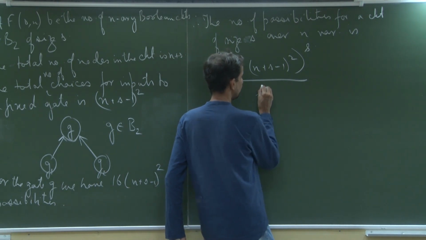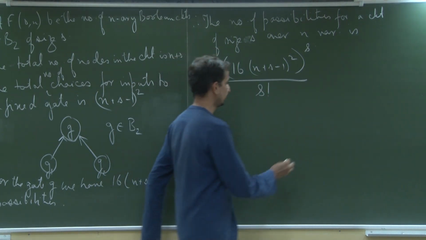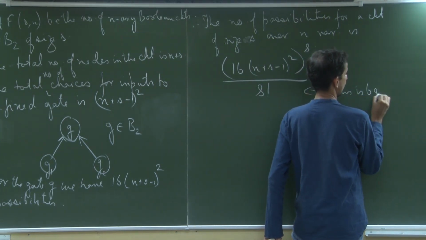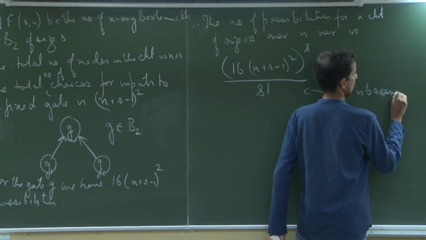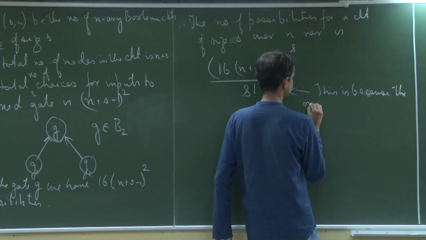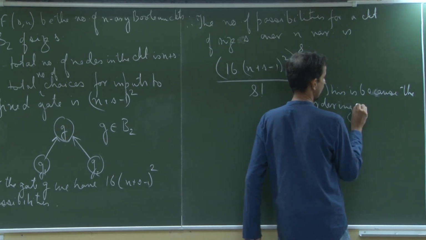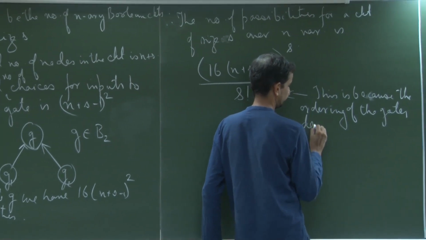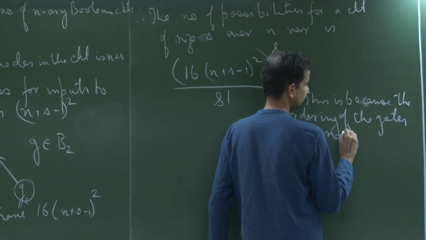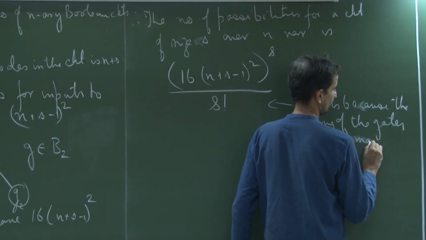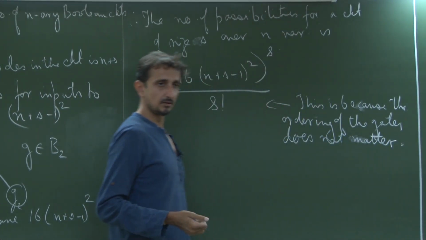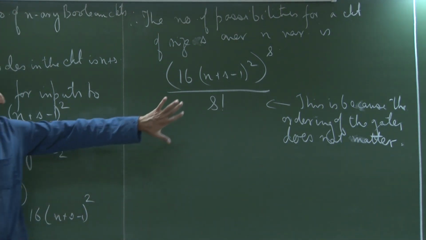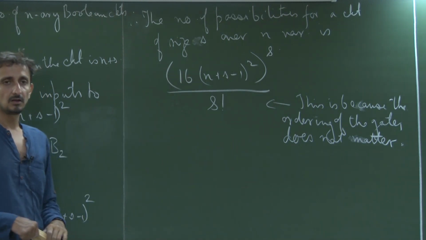So, I will divide it by s factorial, because the ordering of the gates does not matter. Whatever order I write the gates in, I am looking at the same circuit. So, this is the total number of possibilities for F S n.